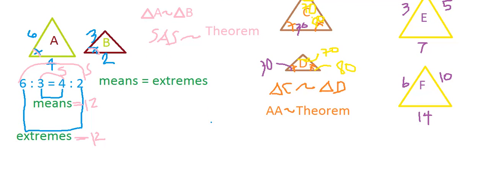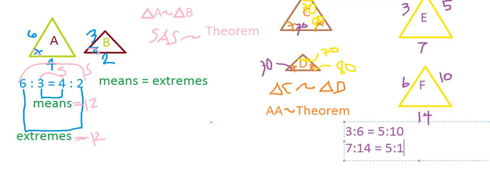So again, here is the ratio 3 is to 6 proportional to 5 is to 10. What about 7 is to 14, is it proportional to 5 is to 10? Well, let's find out.